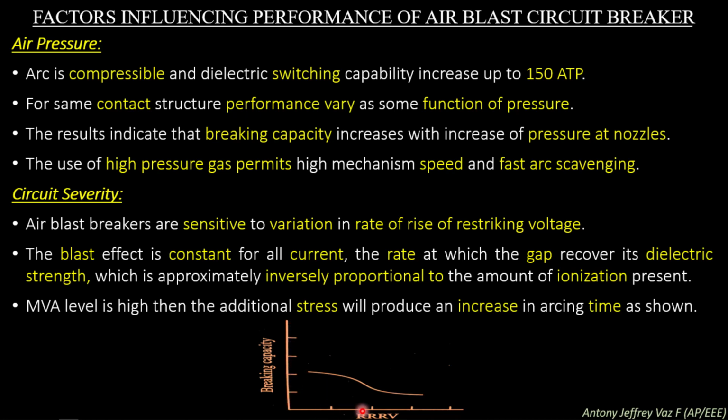Since the rate of rise of restriking voltage goes on increasing, the breaking capacity of the air blast circuit breaker goes on decreasing. So the breaking capacity should be made high so that the RRRV should be made less. So the circuit severity depends on the breaking capacity and the RRRV of the circuit breaker rating.